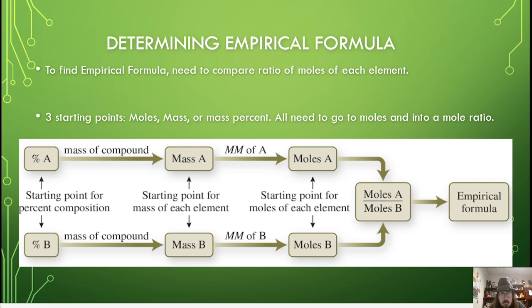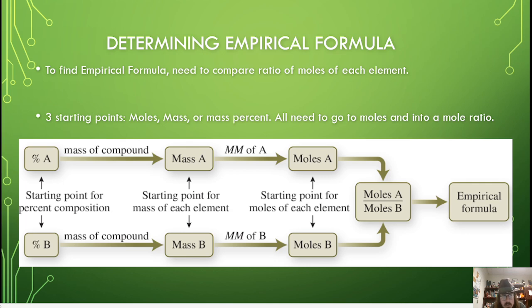However, mass is relatively easy to deal with because mass can be converted into moles by dividing by molar mass. If I look at the mass of a given element and divide by that element's molar mass, it gives us the moles. If you have a percent by mass, we can directly convert that into a mass without much difficulty.